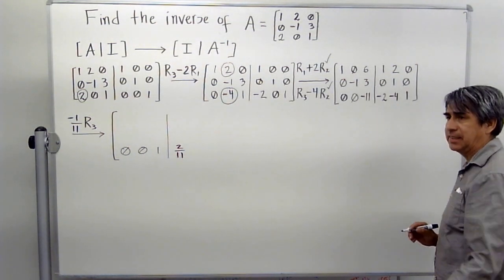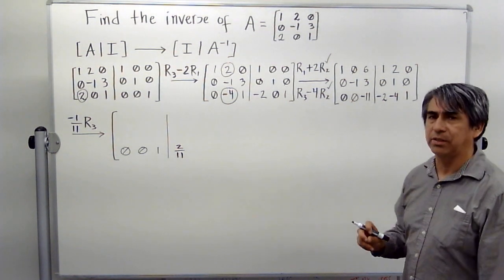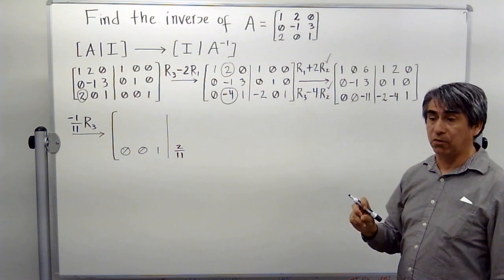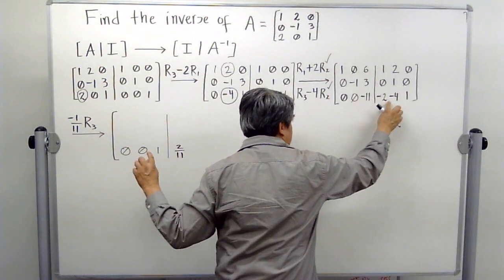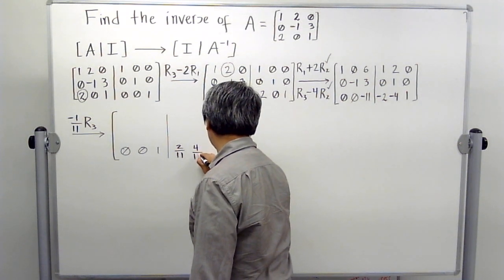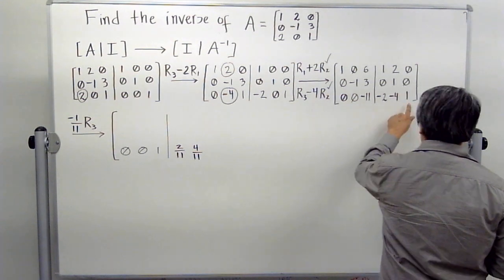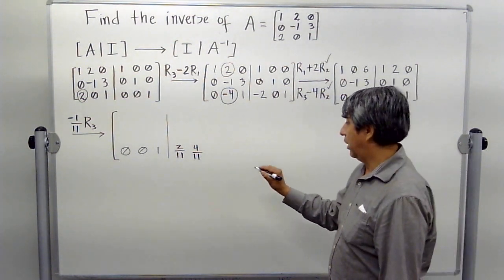Negative 4 times negative 1 over 11 becomes positive 4 over 11, because negative times negative is positive. So that's 4 over 11. 1 multiplied by negative 1 over 11 is negative 1 over 11.